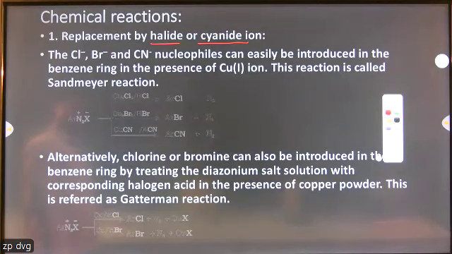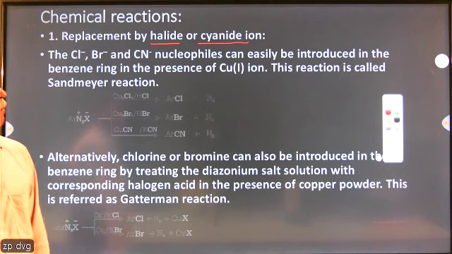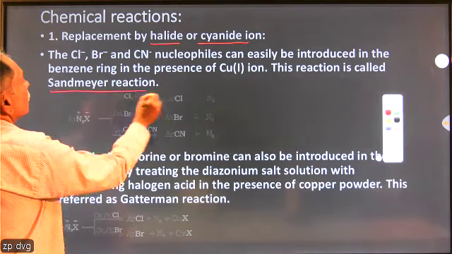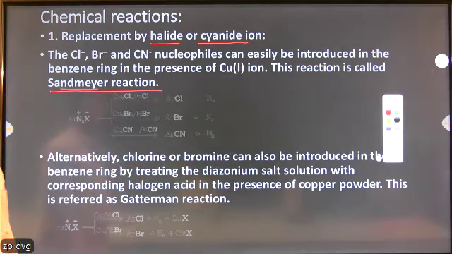Chlorine, bromine or cyanide ions can be easily introduced into the benzene ring in the presence of Cu(I) ion. This reaction is called the Sandmeyer reaction.